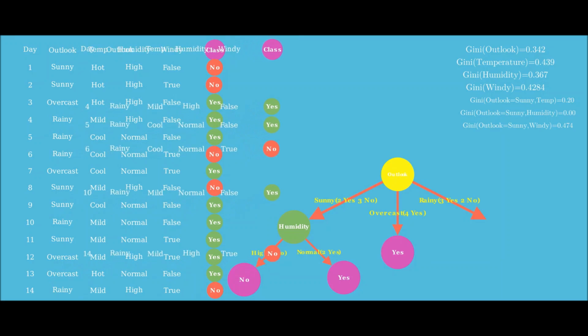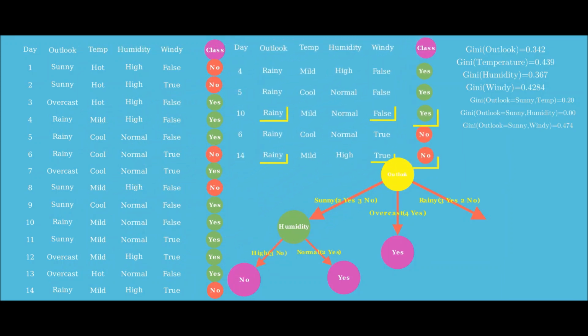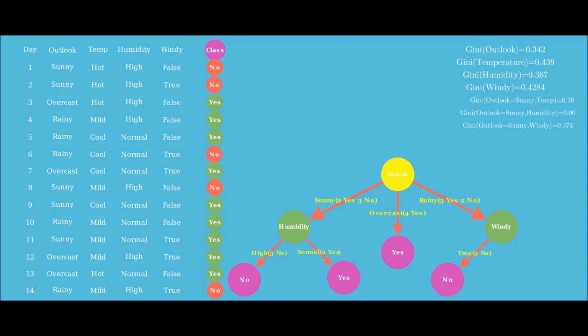See that here for feature outlook value rainy, 3 values where windy is false are yes, and 2 values of rainy where windy is true are no. So without calculating, you can say that for windy, if that is true, the class would be no. And for the branch false, that would be yes.